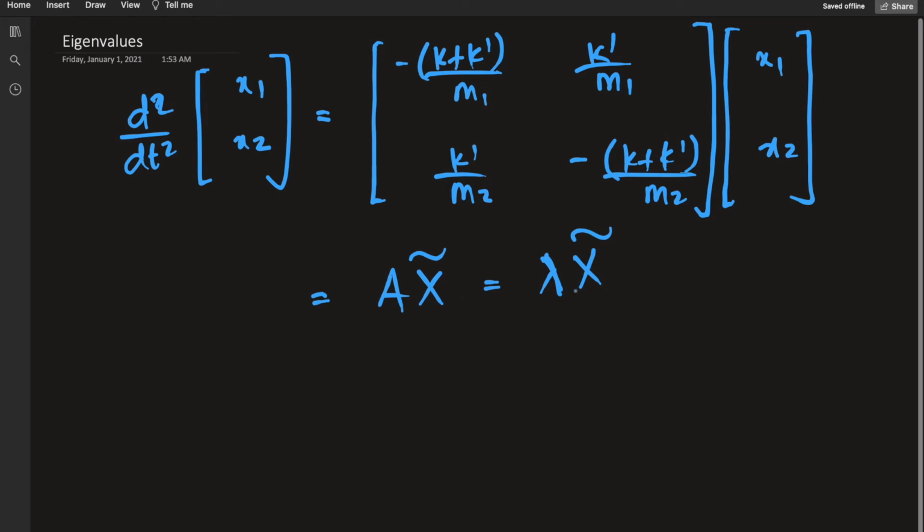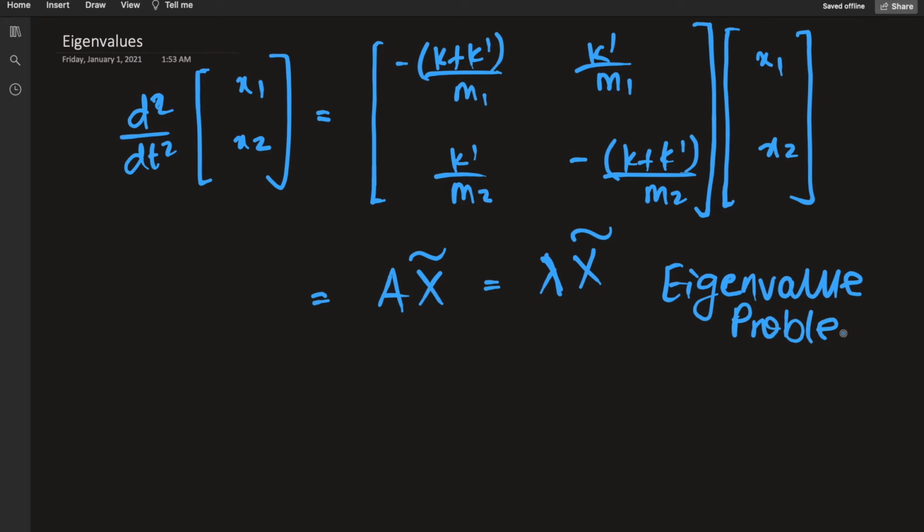Looking at this and comparing it to the previous video I put up, this is an eigenvalue problem. I said x tilde because we need to put some conditions on this x1 and x2 in order to successfully decompose the problem in this form.